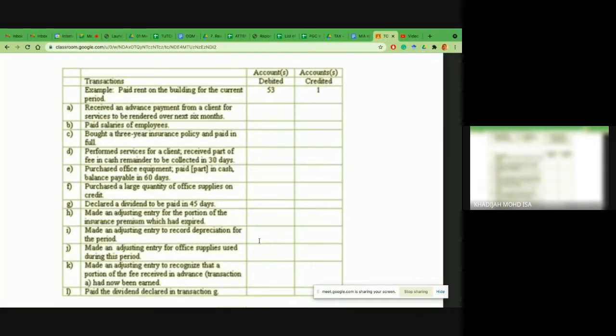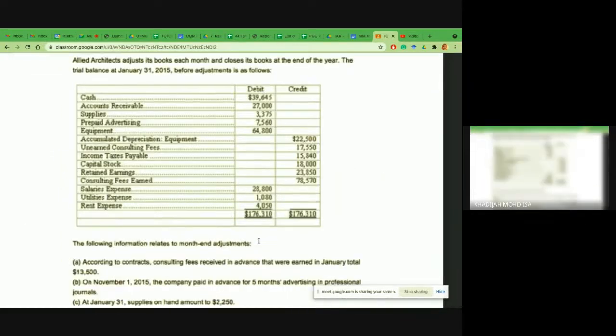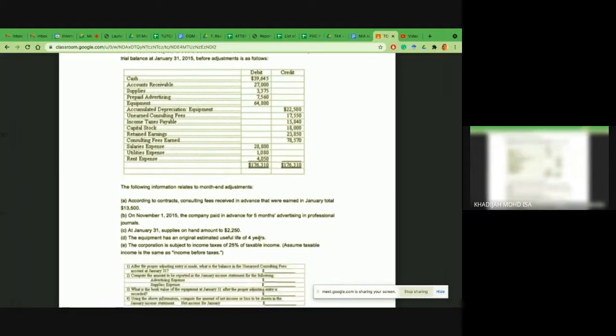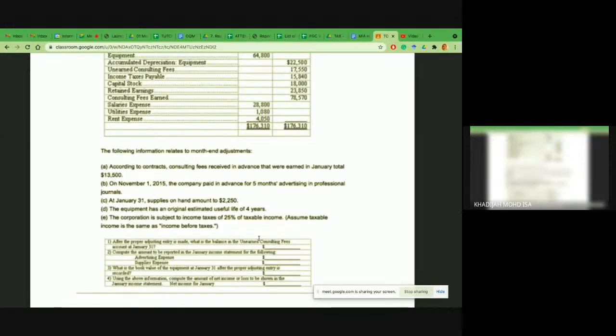Okay, so try to do this with this example and see if you have any other. Okay, let's look at this. Another one, I will just screenshot this question.